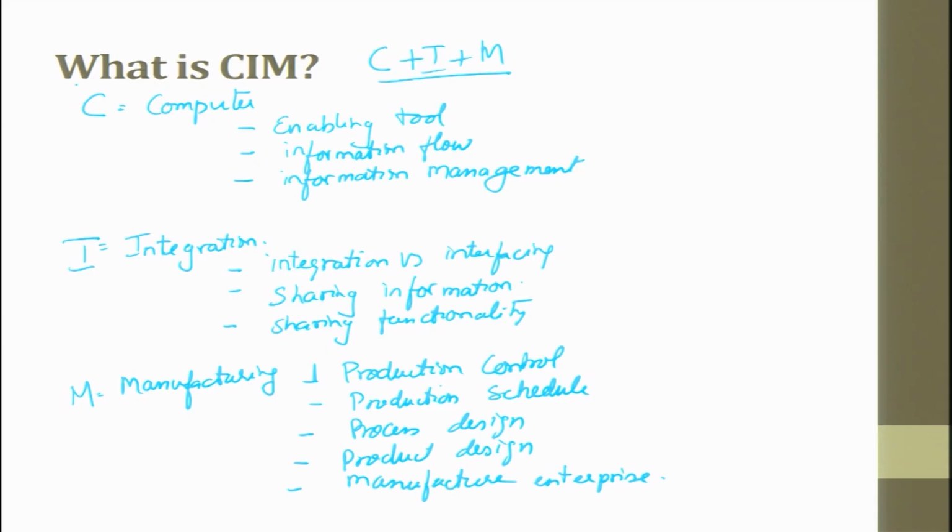This is what CIM is all about. A computer is an enabling tool which is used for connecting. Then integration has two things, interfacing and integration. They are different. Then sharing of information, sharing of functionality, that is all part of integration. And manufacturing is production control, production scheduling, because today we talk about lean manufacturing, where this plays a very important role.